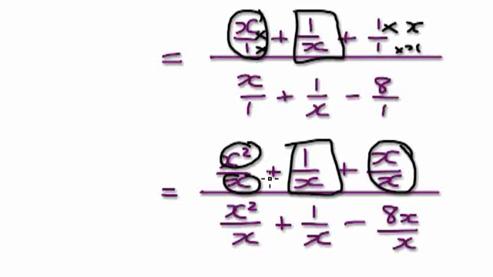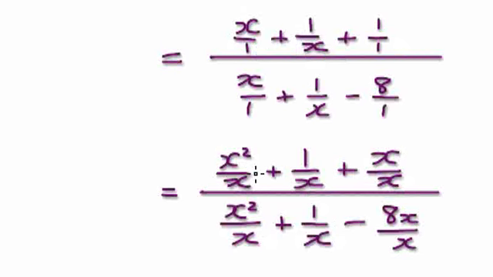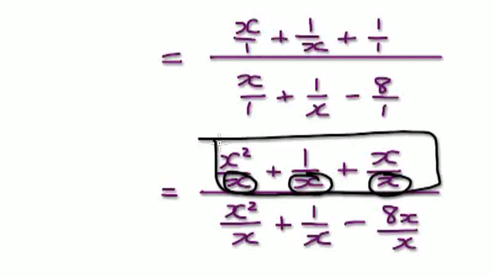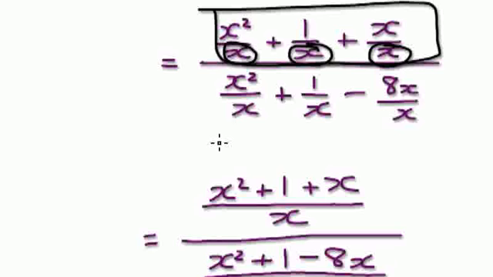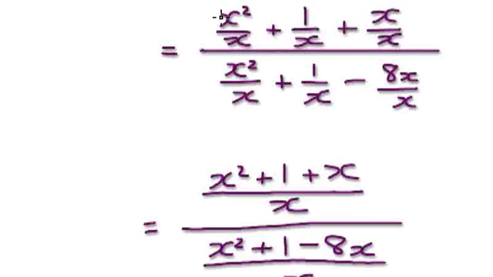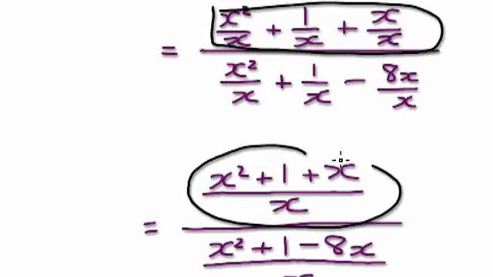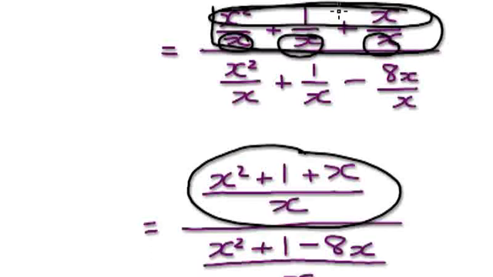And then do the same for down here. Okay. And then all the denominators are the same, x. Same denominator, so you can merge all these together. So that becomes this. Looking at the top parts here, because all the denominators are the same, you can merge all these together.